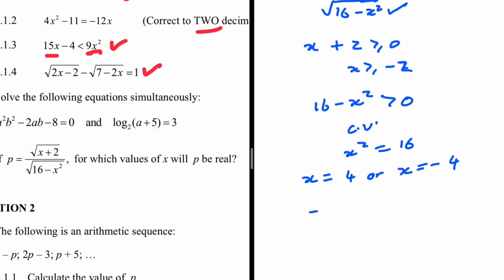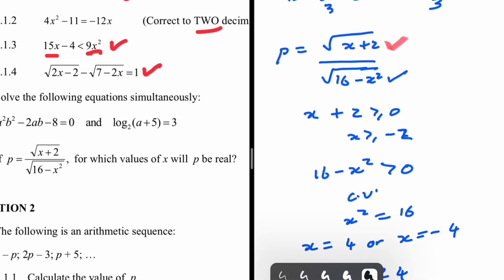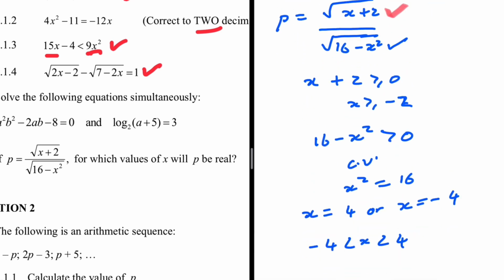But we would need x to lie between minus 4 and positive 4. Because if we substitute a number that is greater than 4, for instance, let's say we substitute 5, we're going to get 5 squared, which is 25. 16 minus 25 will give us minus 9, which will be undefined. So we need x to be between minus 4 and 4.